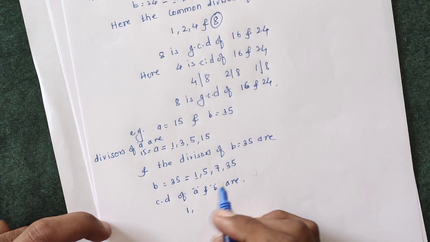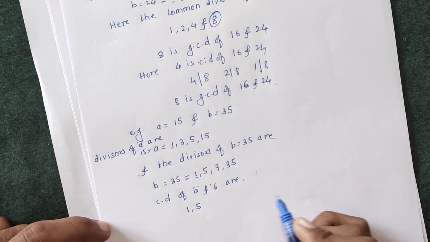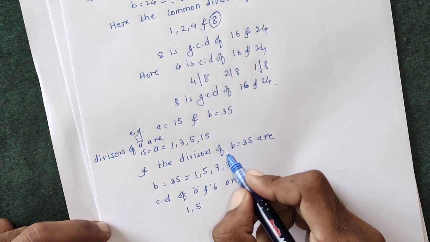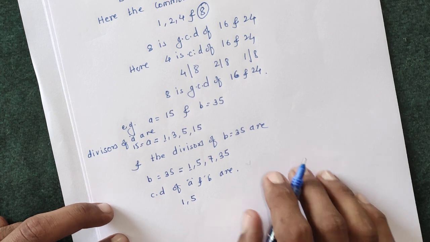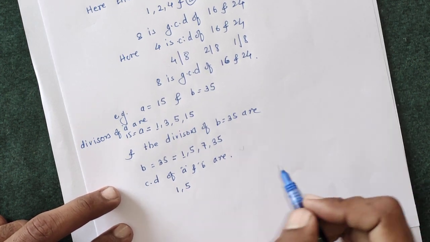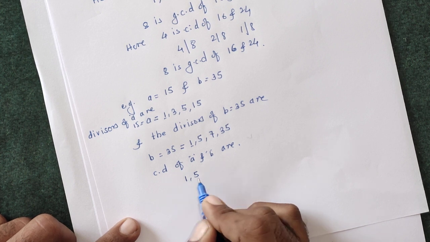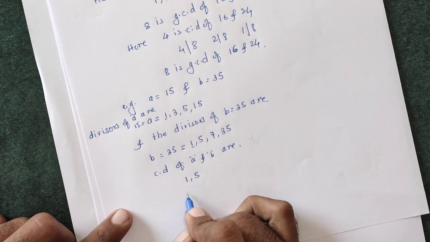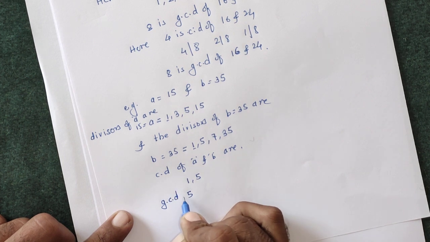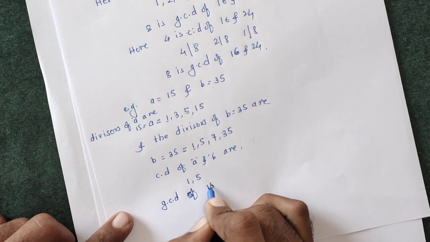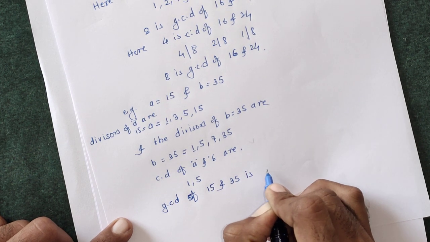Now 5 divides 15 and 5 divides 35, so 5 is a common divisor. 15 divides 15, but 15 doesn't divide 35. Therefore the common divisors of A and B are 5 and 1, and the greatest among those common divisors is 5. So GCD of 15 and 35 is 5.